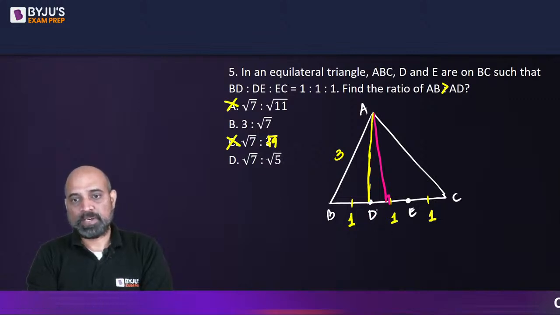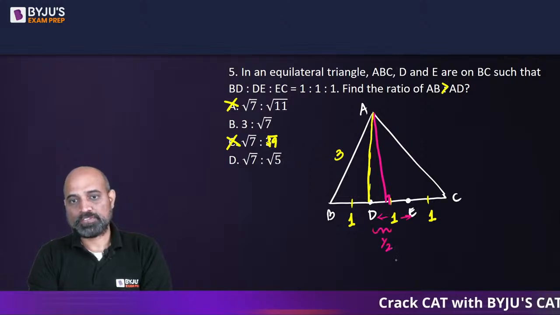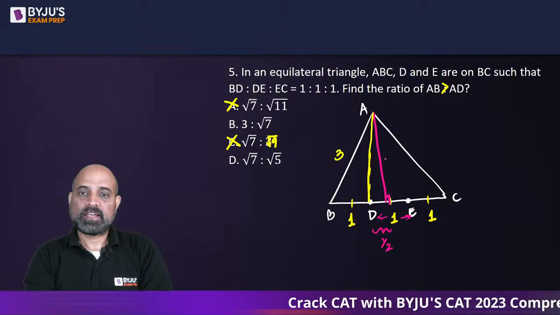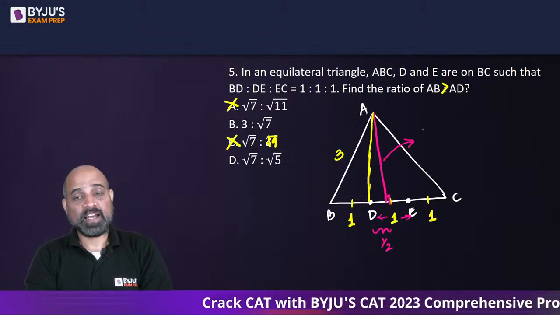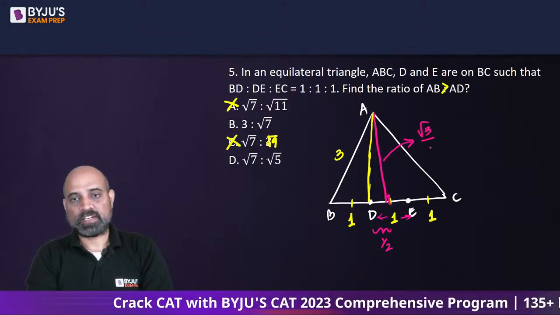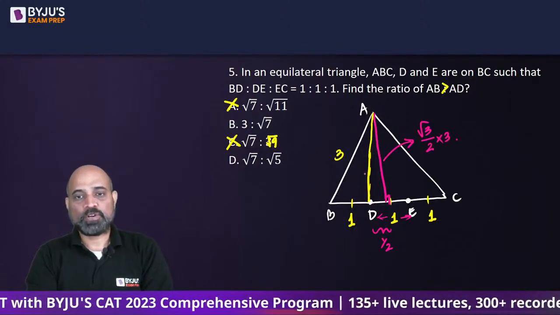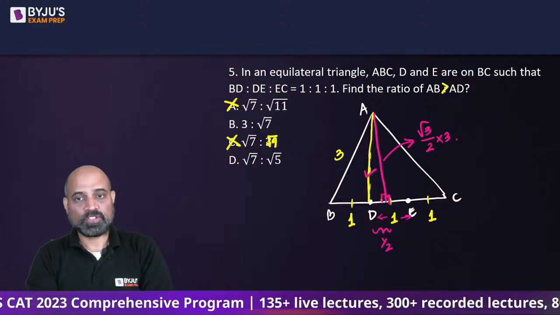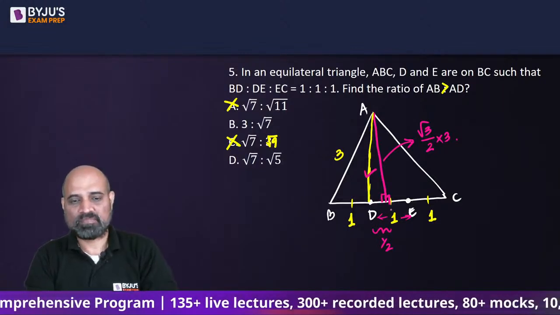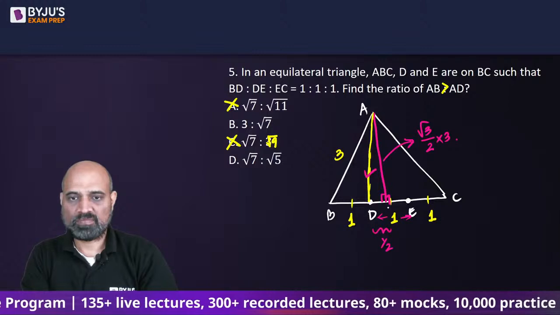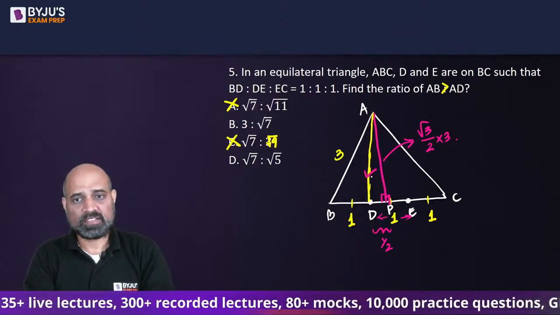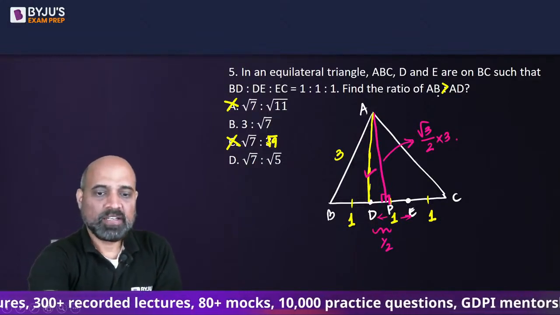If this is the perpendicular and this entire thing is 1, so this means this is going to be half, right? And this one is going to be the height of an equilateral triangle, which is given as root 3 by 2 times side. Now, if I want to calculate the hypotenuse of this right angle triangle, AD, let's call this as P, right? This is a right angle triangle.